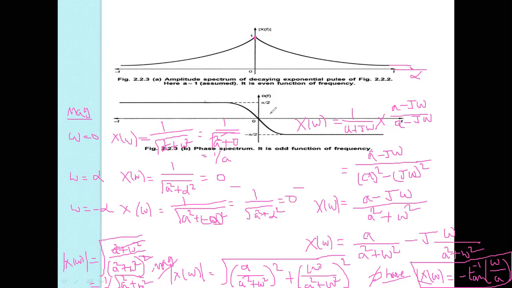It is also 0 because 1 by infinite is 0. So for minus infinite also it goes to 0. Slowly it decreases and at minus infinite it becomes 0, and here also it slowly decreases from the value of 1 by a or 1. Slowly it decreases and meets 0 at infinite. That is the magnitude spectrum, my dear students.